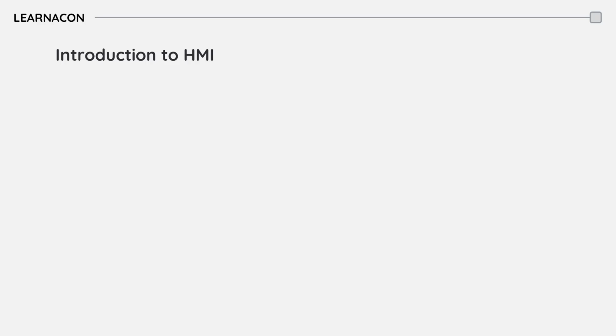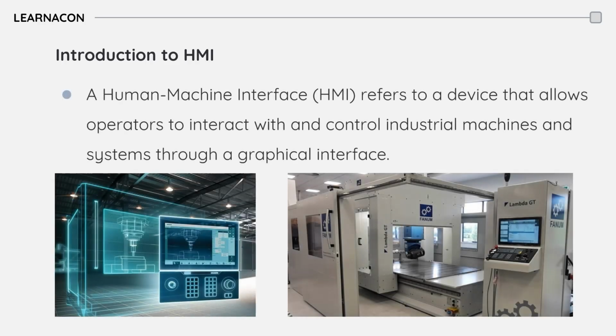Simply put, an HMI is a user interface that allows people to interact with machines, systems, and processes. It provides a visual representation of real-time data, enabling operators to understand what's happening and make informed decisions. Its core purpose is to facilitate safe and efficient operations.